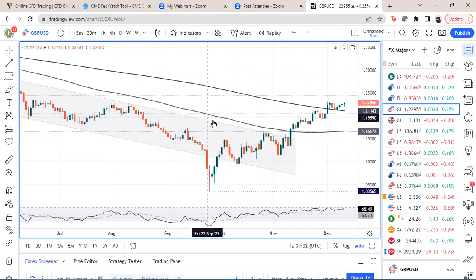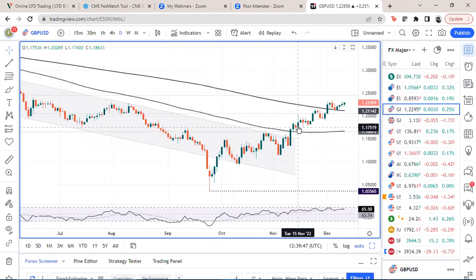Okay, just looking at cable then, sterling versus the dollar. Short-term patterns similar to the euro in some ways, relatively positive, although we've been consolidating recently. This uptrend in cable, in sterling versus dollar, is quite well established now. We're up over 14%, I think, from that spike, historic low back in September.